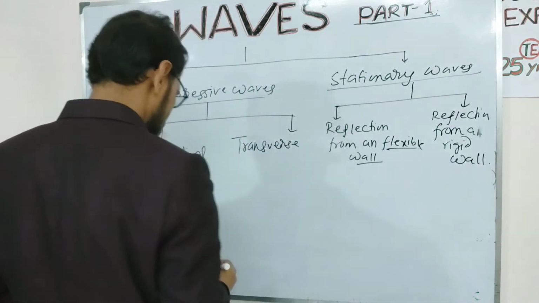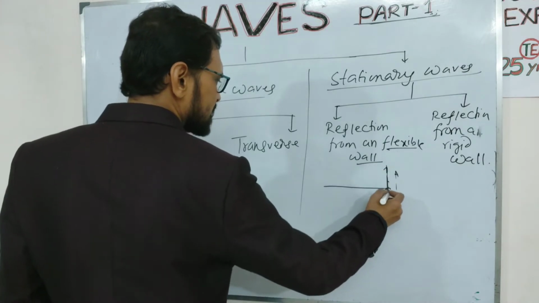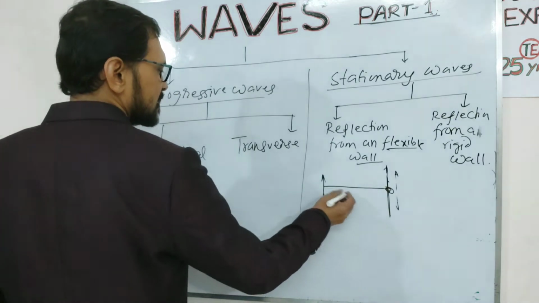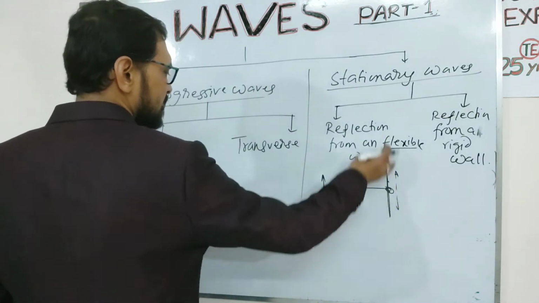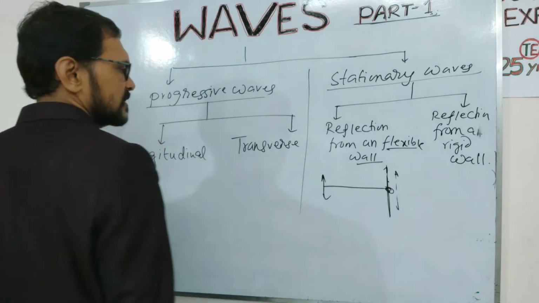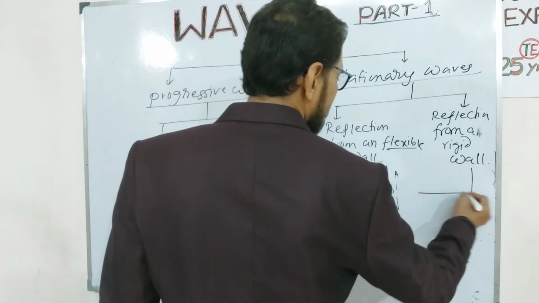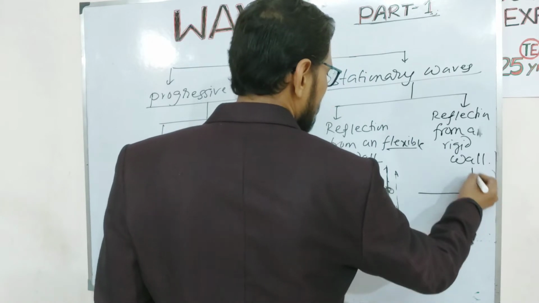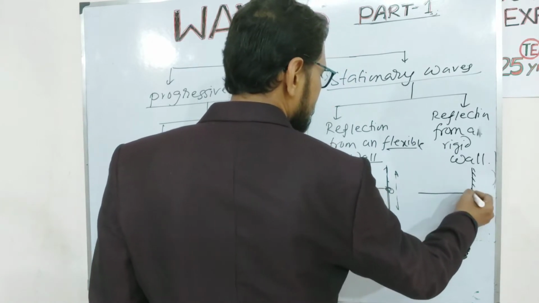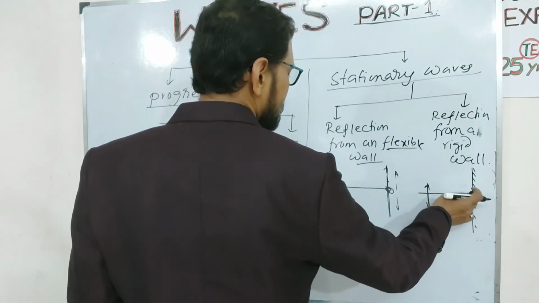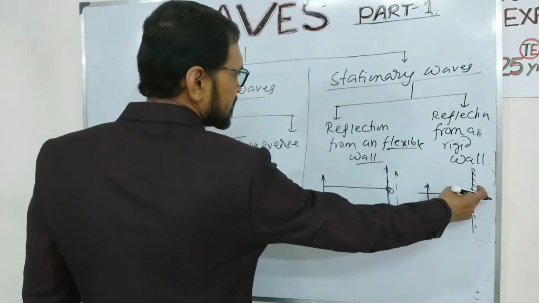What is a flexible wall? This is a vertical support and a string is connected by a ring, and if the string oscillates, then the ring also oscillates. This is the flexible wall. And if the string is rigidly fixed to a vertical wall, and you oscillate the other end of the string, then this is called a rigid wall.